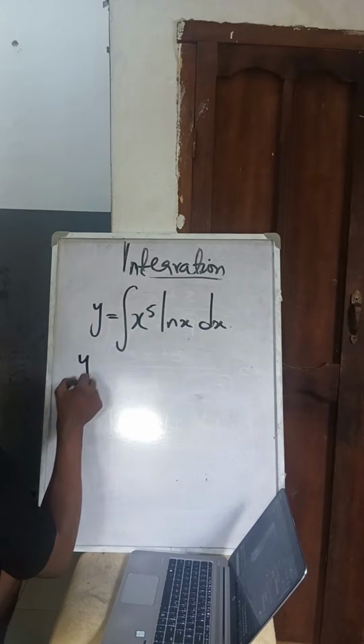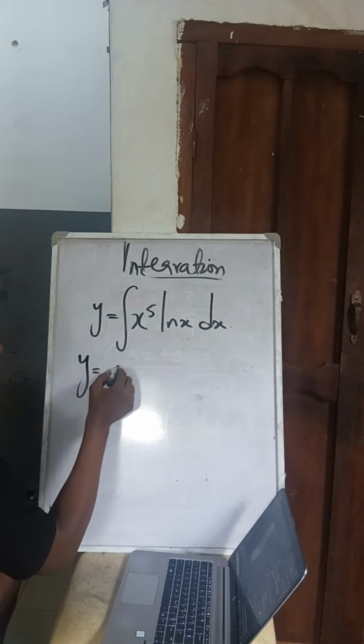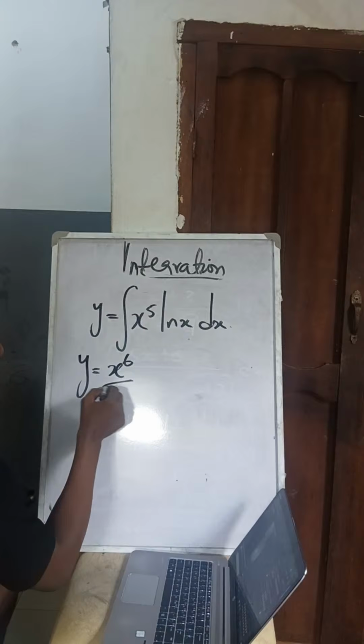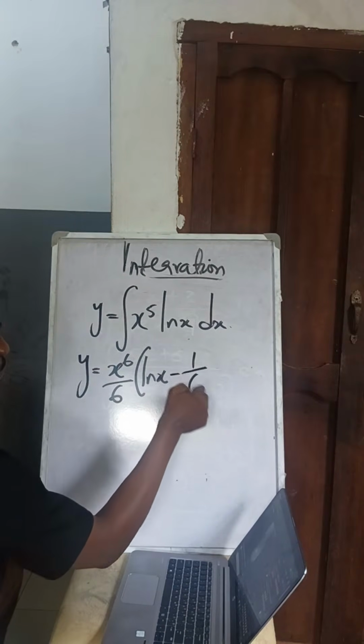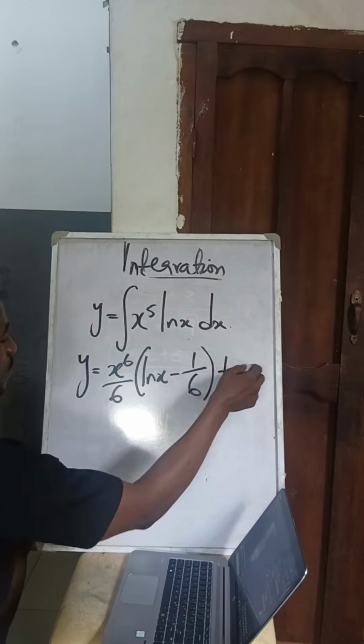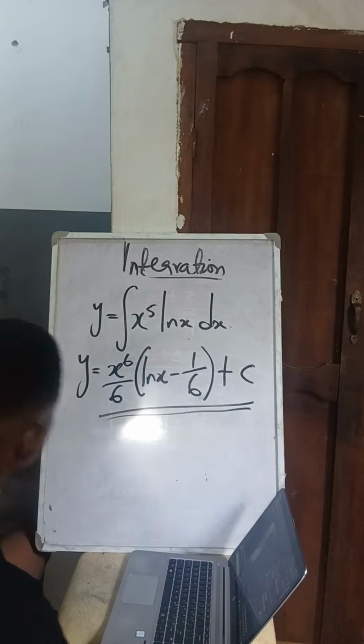So we have y is equal to, if you integrate x raised to the power 5, you have x6 over 6 into in x minus 1 all over 6 plus c. That is the answer. Finish.